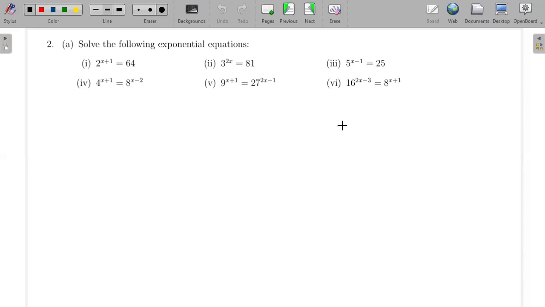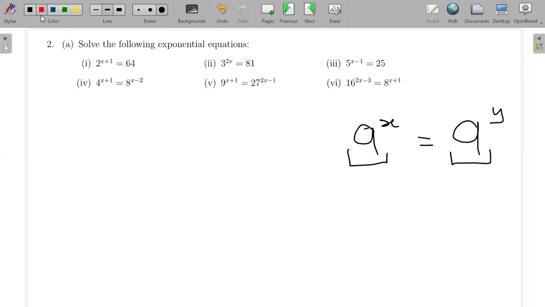So if I have a to the power x being equal to a to the power y, if I have such an expression, we see that the base here is a, the base there is a.